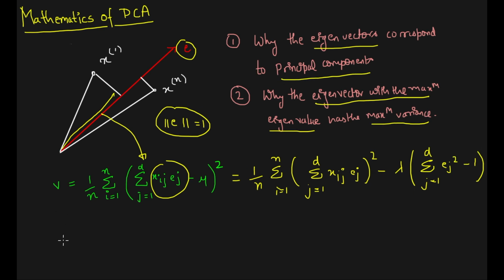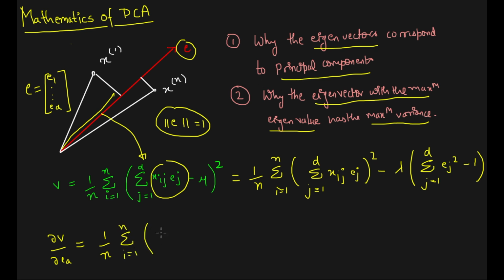Now, once we have our equation of variance ready, we differentiate it along this arbitrary component E. E can be written as a vector E1 all the way up to ED, where E1 to ED are the various dimensions of E. So along any one dimension, let's consider a, we differentiate it. After differentiating, we get this 1/n summation i equal to 1 to n over here.